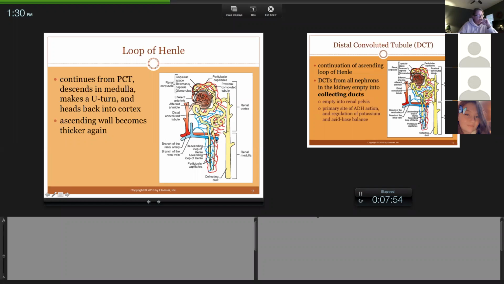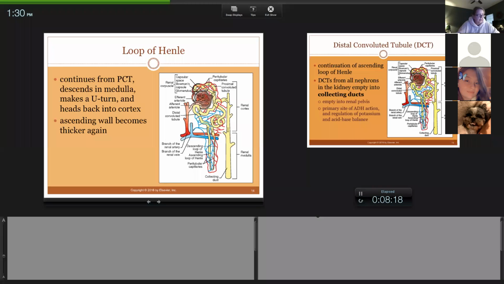Now, if you look, one side is really thin and narrow, and then it gets thicker. Well, the ascending wall becomes a little bit thicker because it's got to push that stuff up. It's got to push that material, by gravity, it comes down. So that descending loop is thinner than the ascending loop.